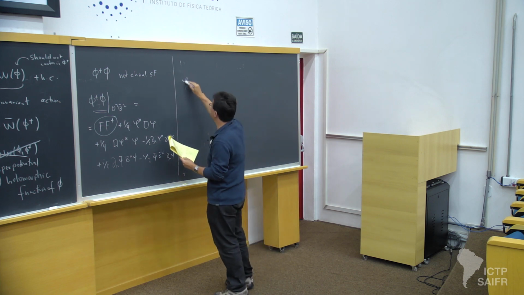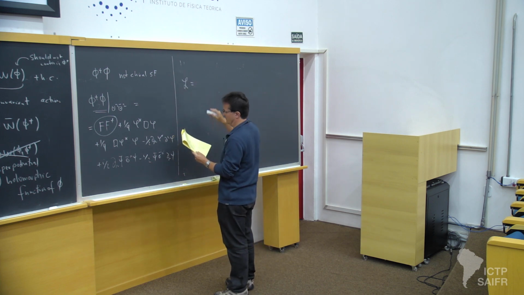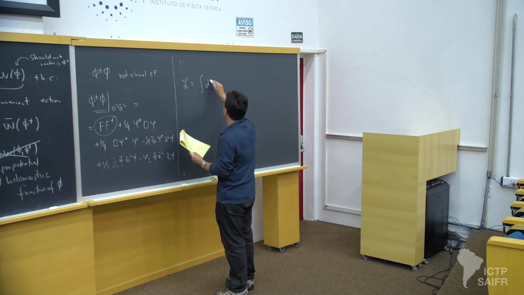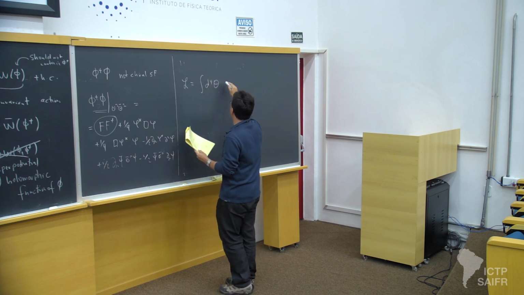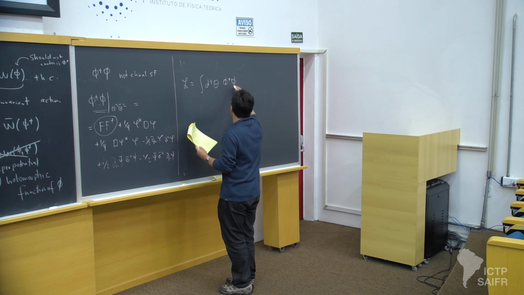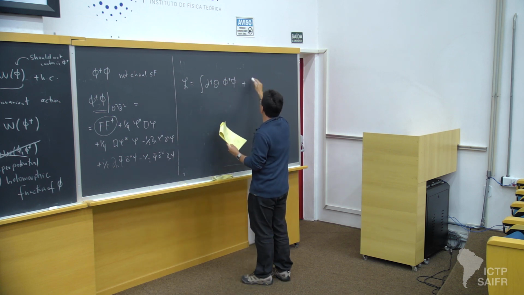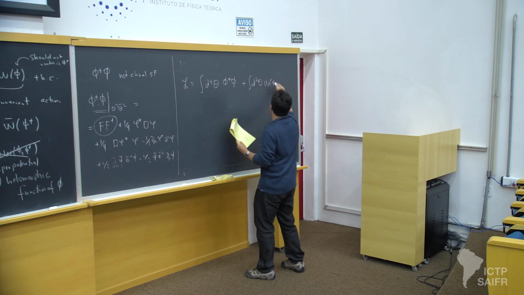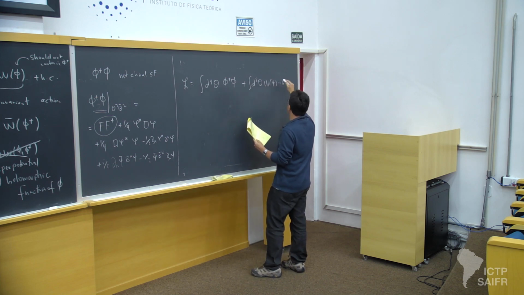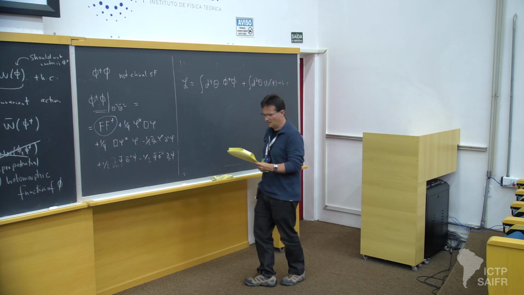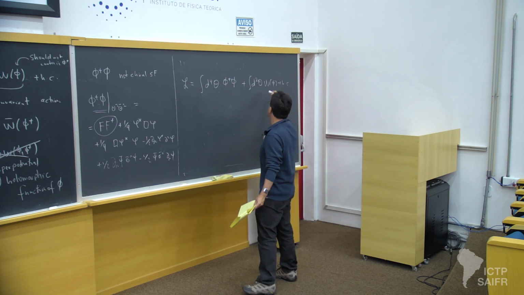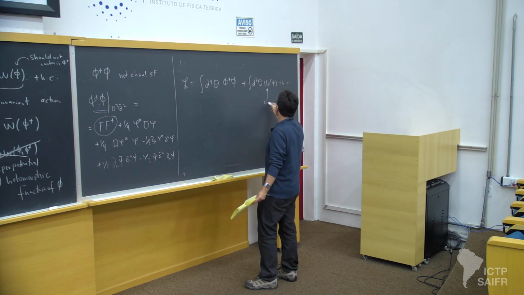The Lagrangian for a chiral superfield will contain the kinetic terms. So that's a d4 theta phi dagger phi. And then there will be a d2 theta of W of phi plus Hermitian conjugate. Okay. Again, this is called the superpotential.